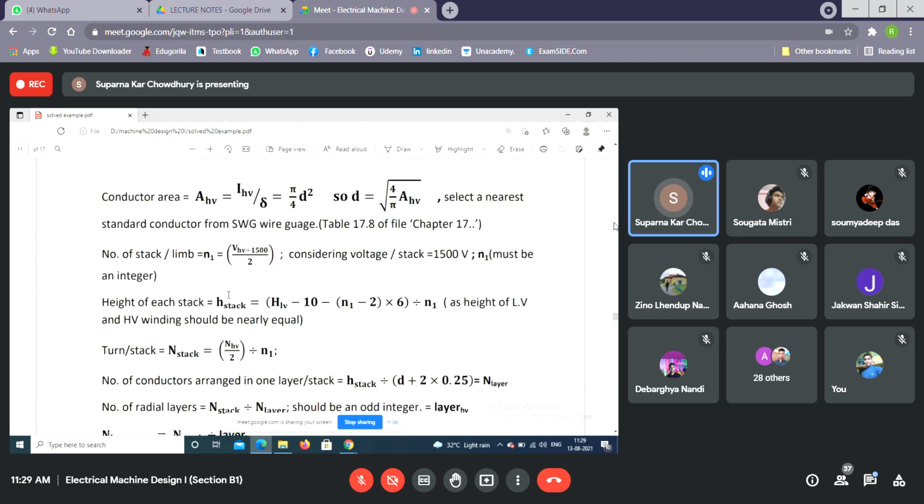So the stack height of each stack will be the height of the winding, minus one gap of 10 millimeter, minus, if you have N1 stacks per limb, then N1 minus 2 gaps of 6 millimeter. So this is the space available, that is height of the winding minus this gap length is the winding space available for the conductor. So this divided by N1 should be the height of the stack.